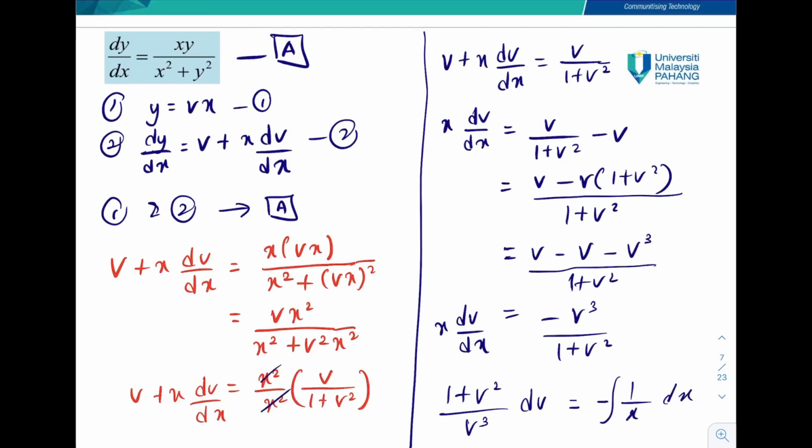I put the integration sign for both sides. So now clearly we have separated the v with the dv, the x with the dx.